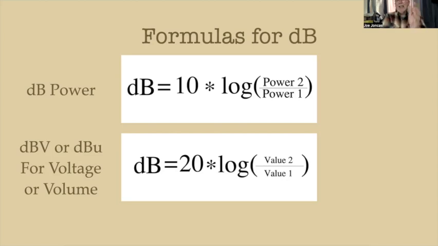So in that, it's 10 log power 2 over power 1. If you've got a scientific calculator on your phone, which most of us do, you can figure it out the hard way. But dBV, which is volts, and dBu, which is used for audio work, that's 20 log, the one value over the other.